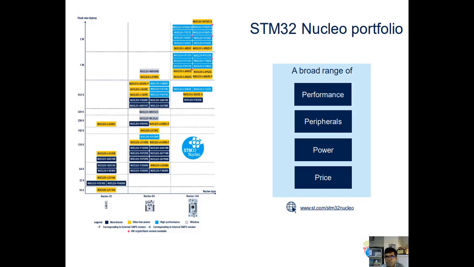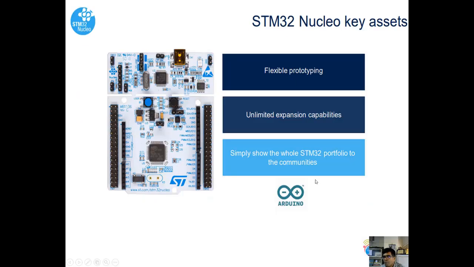So you have options between 32, 64 as well as 144 depending upon your requirements, such as performance, peripheral requirements, ultra low power, meaning the power requirement, and also the price. So a broad range of options is available in the Nucleo family.